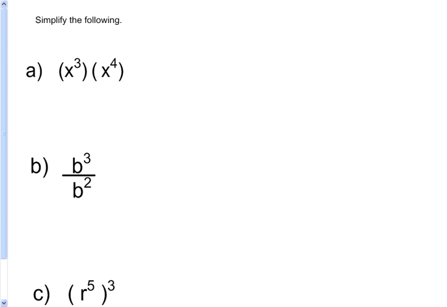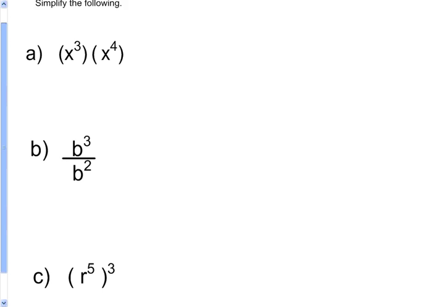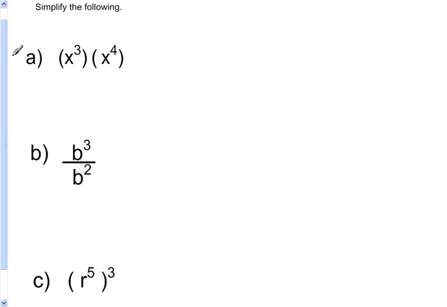Let's look at it with some variables, because it doesn't matter whether the base is a number or a variable, the laws stay the same. In this first example A, the base is both x, and we are multiplying those together, so we add the exponents. x to the 3 plus 4 becomes x^7.